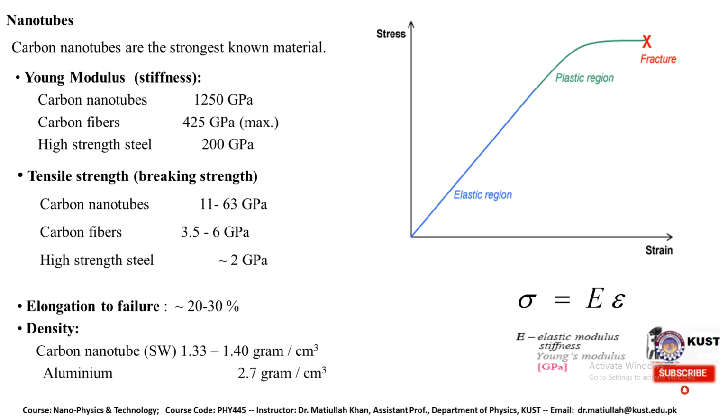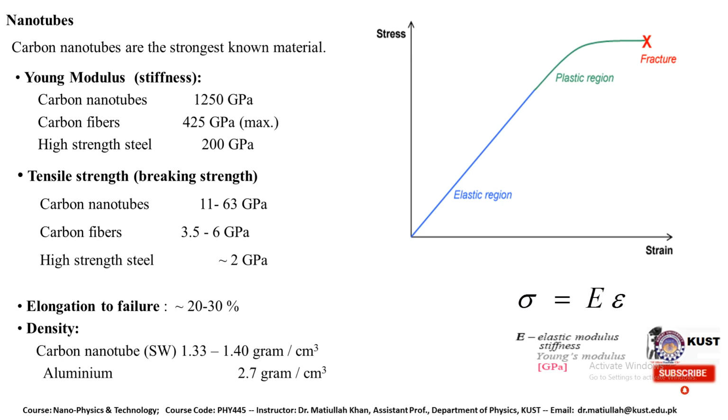The elongation to failure is around 20 to 30%, and the single wall carbon nanotube density is 1.33 to 1.4 gram per centimeter cube. If we compare with aluminium, it has a density of 2.7 gram per centimeter cube.